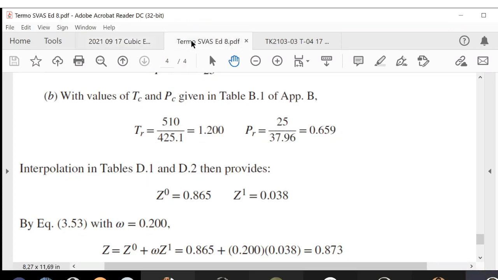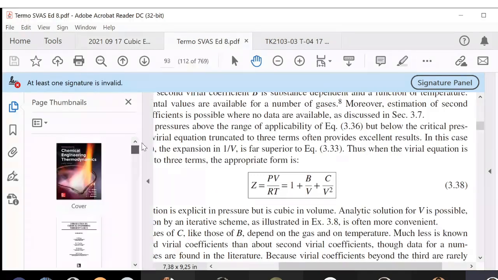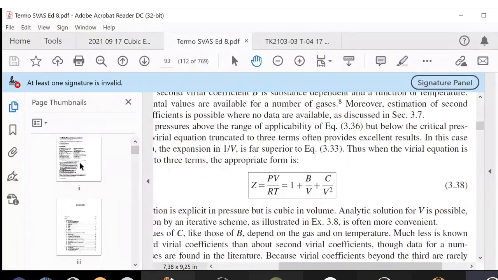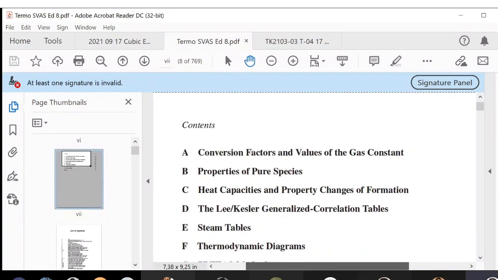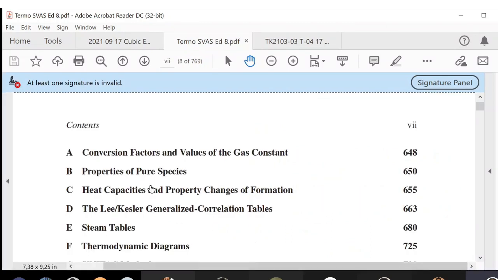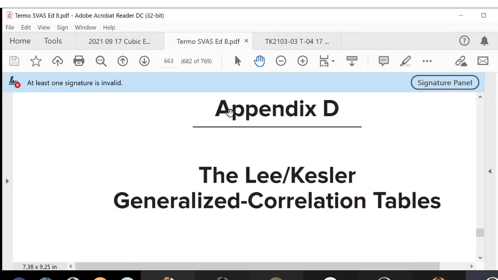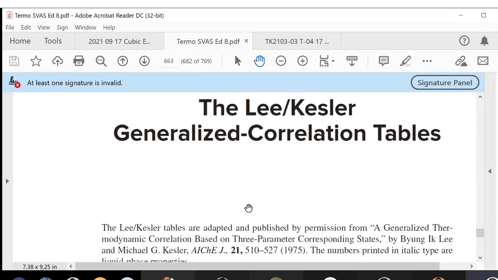How to find out? Back to the textbook. Over here, there is the appendix. Okay, there is a D. The appendix D page is page 663. Then we get into appendix D, the Lee Kesler, or we call it the Pitzer generalized correlation table.